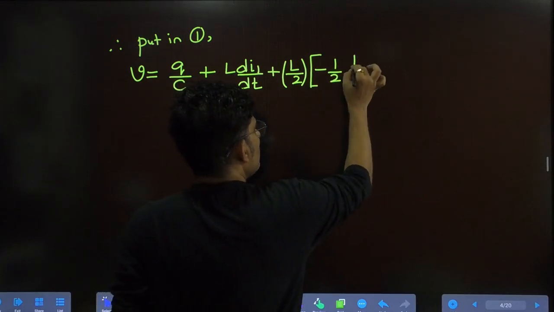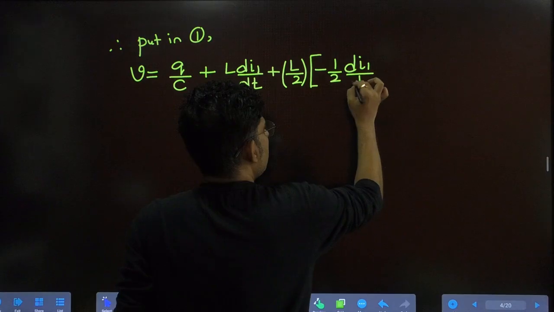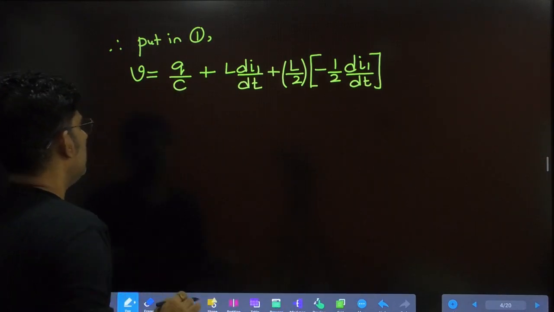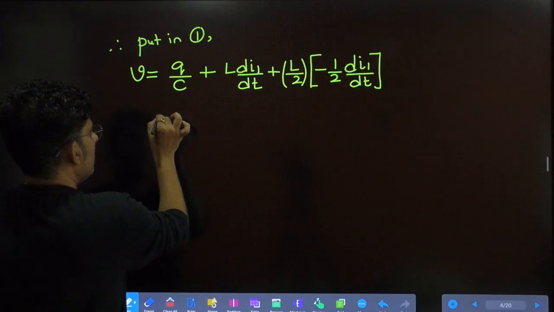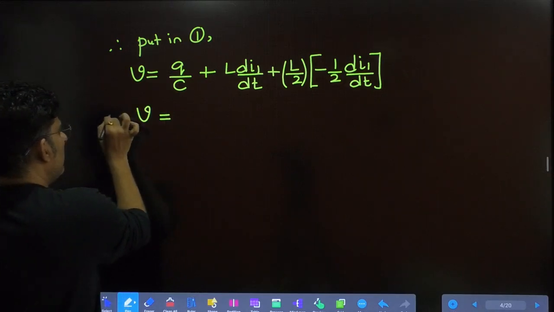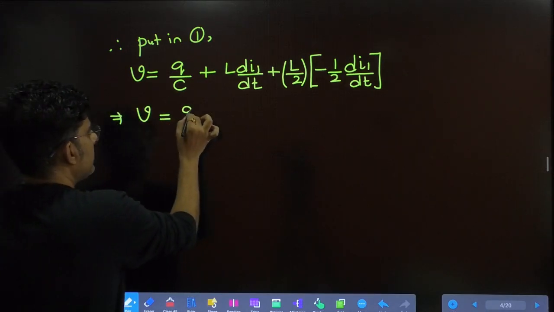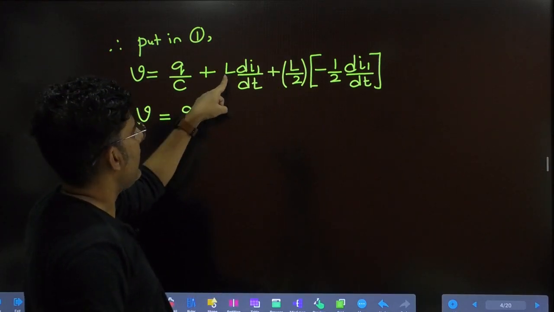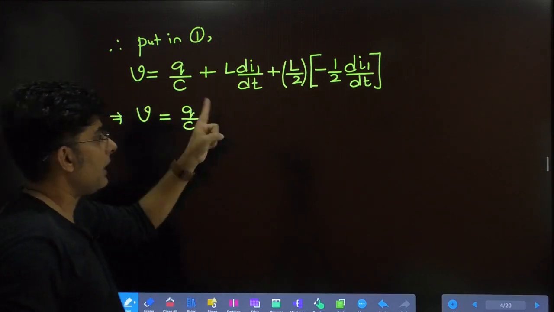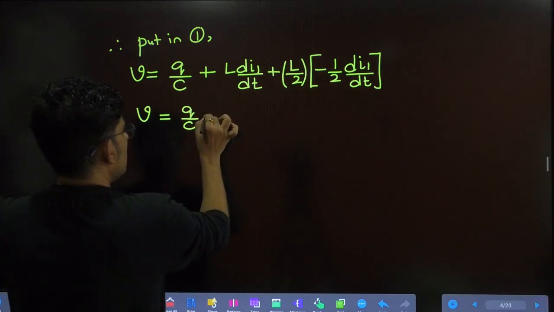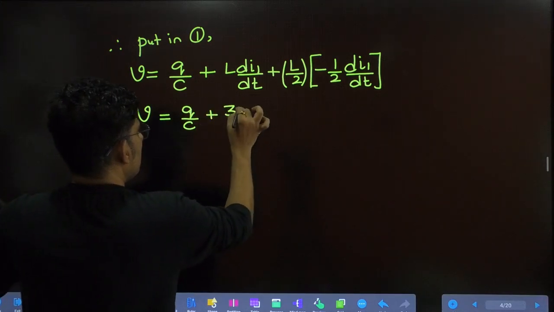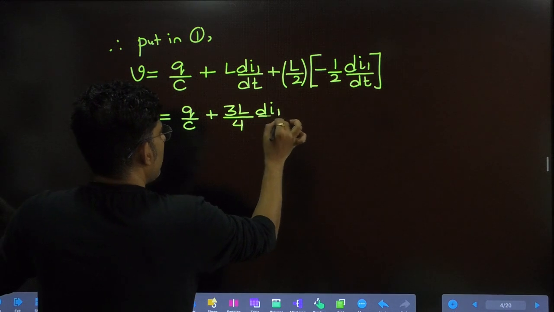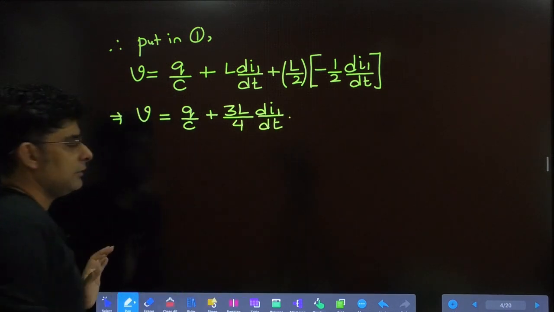Minus 1 by 2 di1 by dt. Got it? So once we get it, we can simplify it a bit and write it as Q by C. Now you see it will become L minus L by 4, L minus L by 4, which is 3L by 4 di1 by dt.